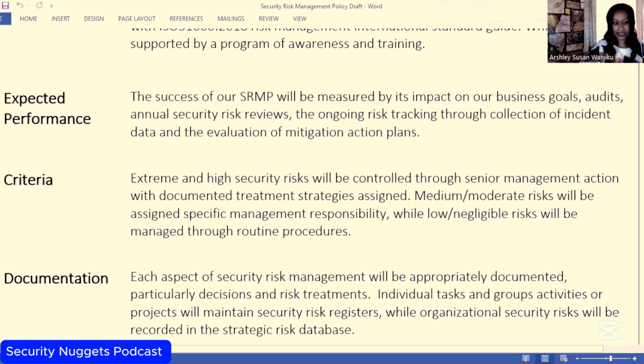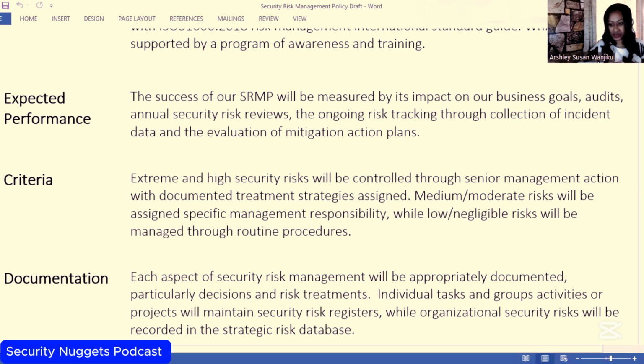In this case, it is featuring because we need to know how we are going to escalate risks as they unravel in the organization. When they come, how are they going to be handled and how are they going to be escalated, okay? Now, extreme and high security risks will be controlled through senior management action with documented treatment strategies assigned.